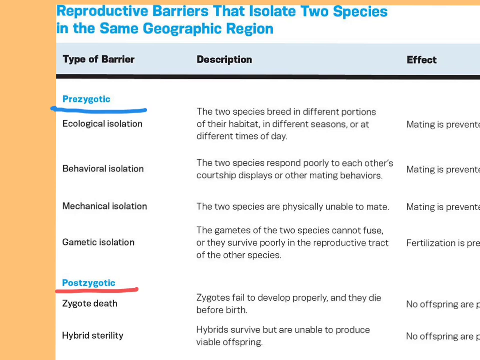Prezygotic, well, a zygote is a fertilized egg, so that means before an egg is fertilized. And then postzygotic is after fertilization, and involves different mechanisms. And then furthermore, there is prezygotic precopulatory, that means before having sex, reproductive isolation. So I'll write this.